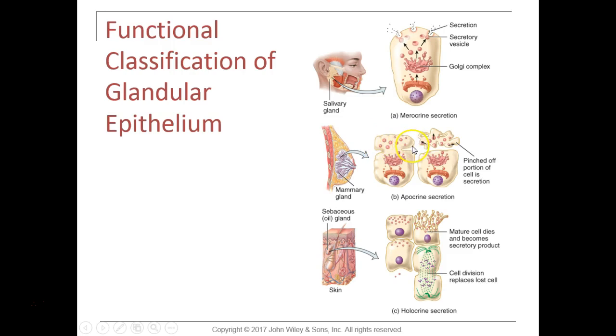And then the cell pinches off the entire top of the cell. As it pinches off the entire apical surface of the cell, this apical surface becomes the secretory product. That's why it's called apocrine secretion, because the apical surface is the product.